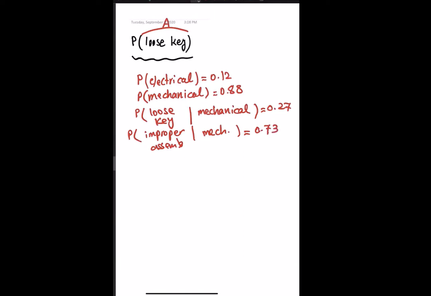Okay. How about the third sentence? What do you get from the third sentence? Electrical connect defects are caused by defective wires, 35%, improper connections, 13%, or poorly welded wires, 52%. How do you write that? Defective wires, given that it's electrical, and then improper connections, given that it's electrical.